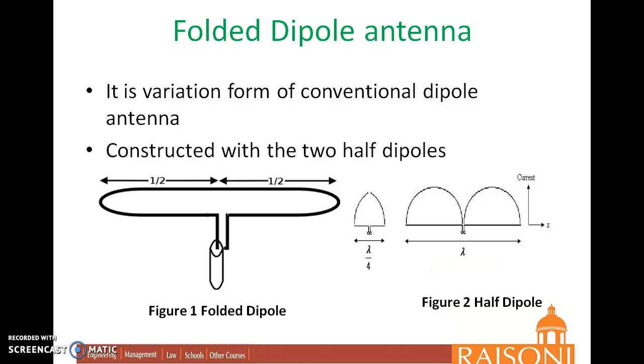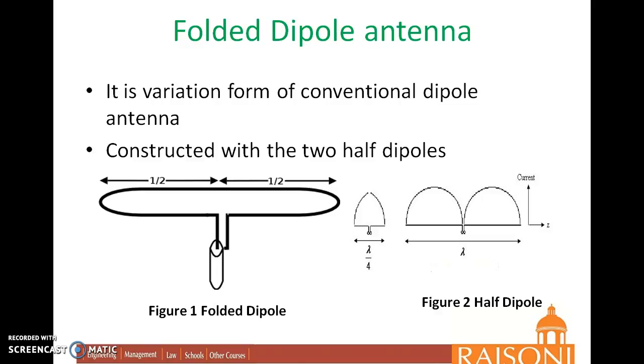It is a variation of the conventional dipole antenna. A dipole antenna has two poles, which is constructed or modified by just pulling two legs of the transmission line.